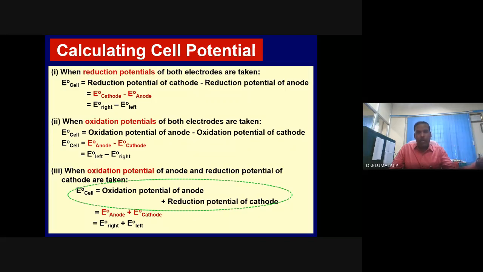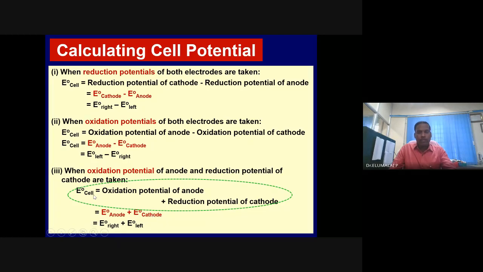Then go back to the standard reduction potential table and reverse the sign. That is the oxidation potential. Then you take the reduction potential of the cathode as such, since electrode potentials are given as reduction potentials. Then you add the anode potential and cathode potential together, right electrode and left electrode, and you get the cell voltage.